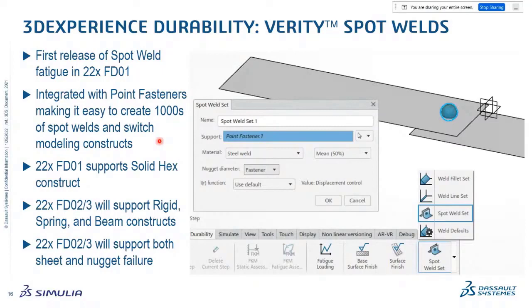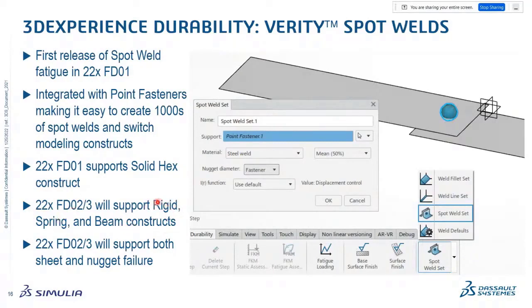It's got a lot of controls there, a lot of flexibility for you to choose the style that matches what your company has typically been doing. Okay, so in several more months, we will support what in the point fastener capabilities they call the rigid, spring, and beam constructs.